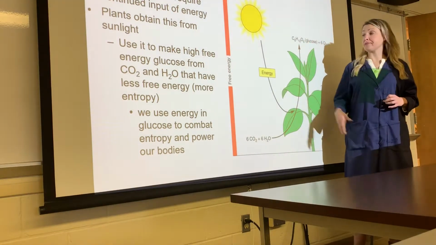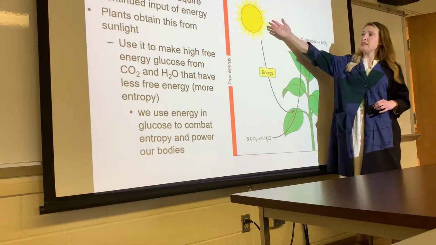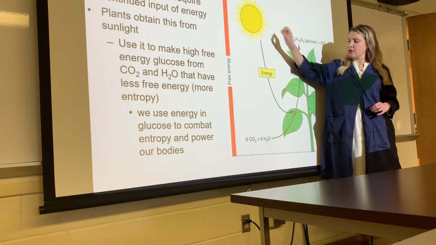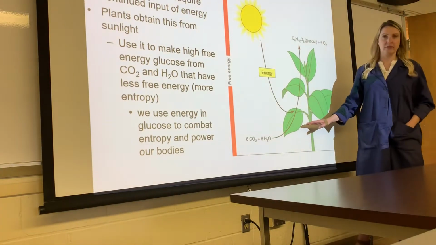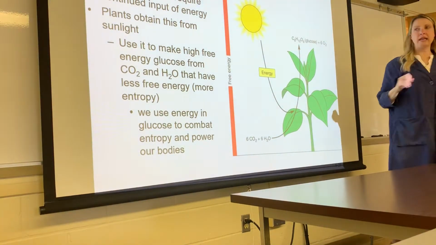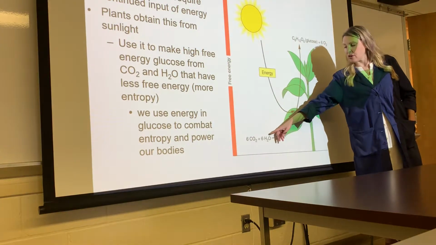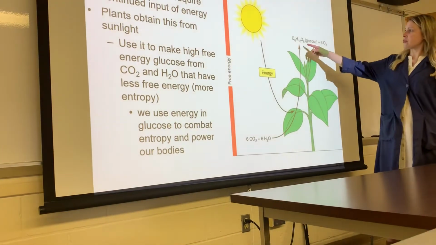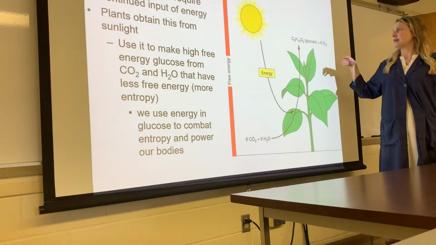First of all, we're seeing the sun, okay? The sun is light energy. The light energy is harvested by the leaf, the chloroplasts and all the stuff that absorbs the light. And we'll take that light energy and using carbon dioxide and water, we'll convert it to glucose, C6H12O6.